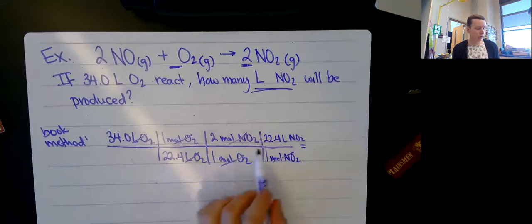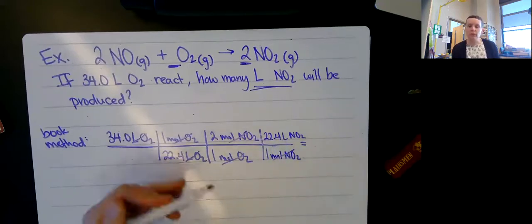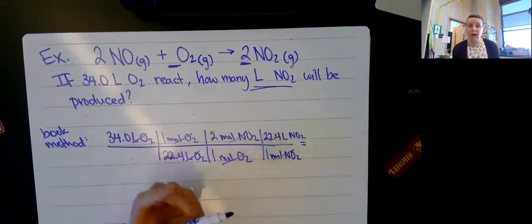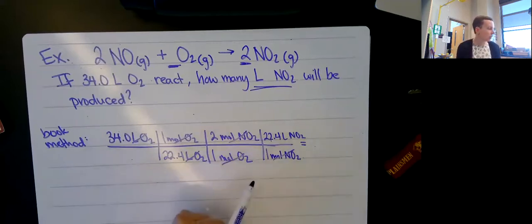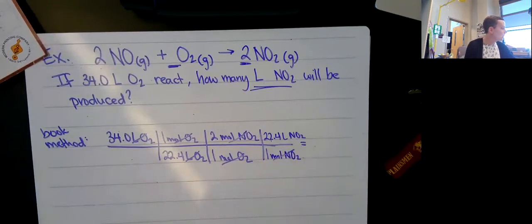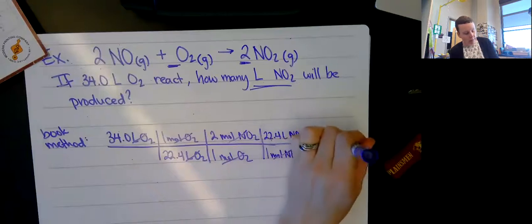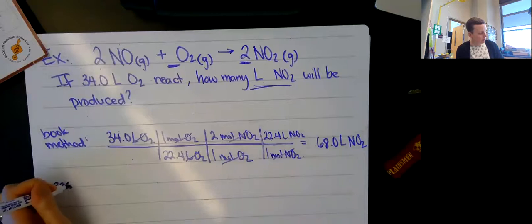We have 22.4 and we have 22.4. So what was the purpose of going to moles first when the ratio of moles to liters is a constant value? There is no purpose, okay? Now, when we do this calculation, whether we decide to punch those 22.4s in or skip them, we're going to get the answer of 68.0 liters of NO2.